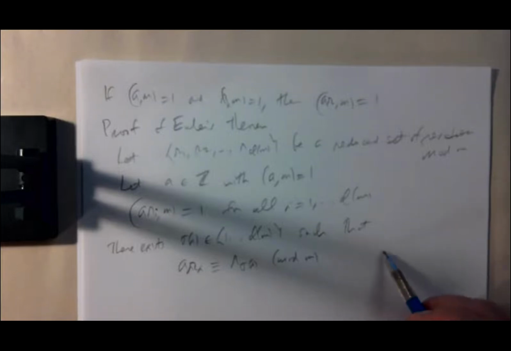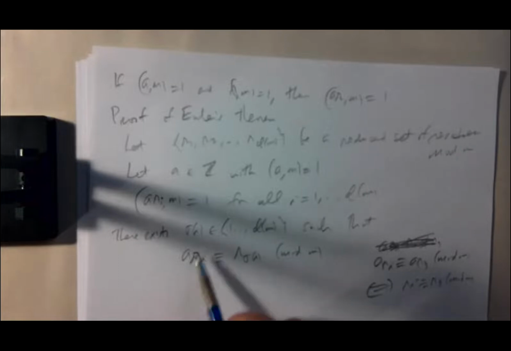And A R sub I is congruent to A R sub J mod M if and only if R sub I is congruent to R sub J mod M. Because if this congruence holds, M divides the difference, M doesn't divide A, M is relatively prime to A, so R sub I is congruent to R sub J mod M. So the values sigma of 1, sigma of 2, up to sigma of phi of M are different integers.